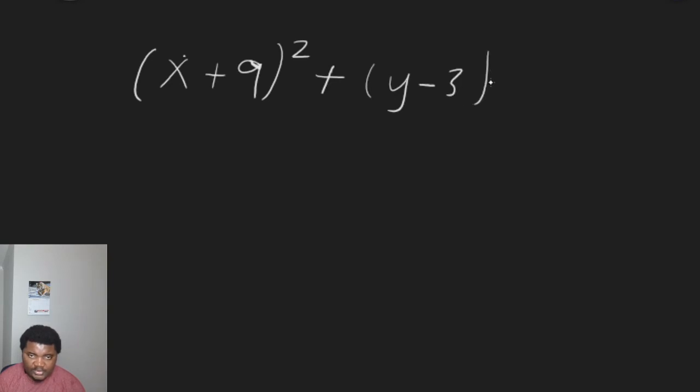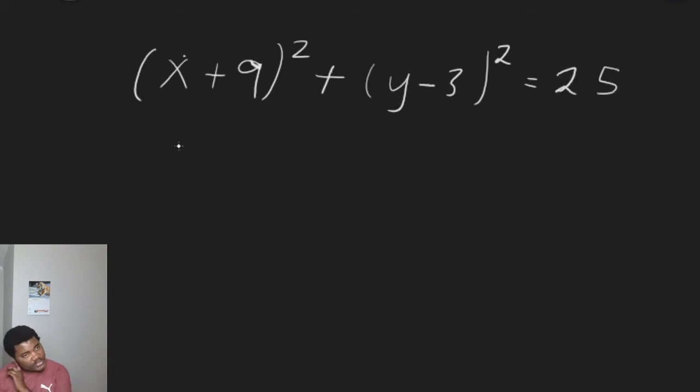Let's look at an example here. An example like (x plus 9) squared plus (y minus 3) squared is equal to 25.